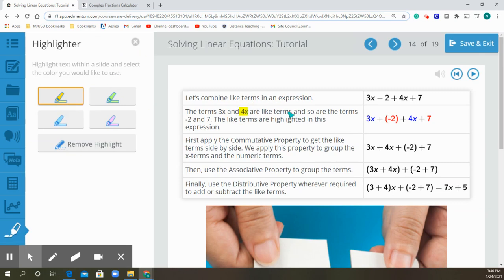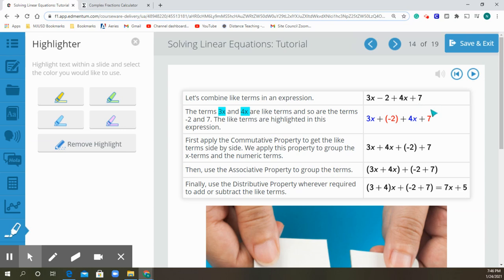Bam. 3x and 4x are like terms. Oh, darn. Let's do it blue. Remove the highlighting. Okay. Let's do it blue. Why? Because they did it blue. Bam. I'm not going to do that in the future, but the 4x is highlighted. Bam. They're like terms. So are the terms negative 2 and 7.